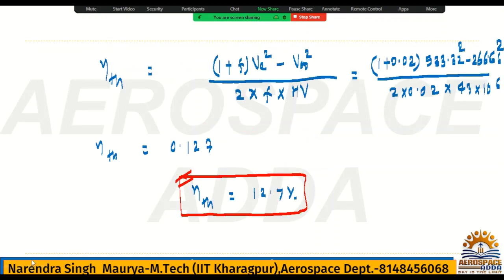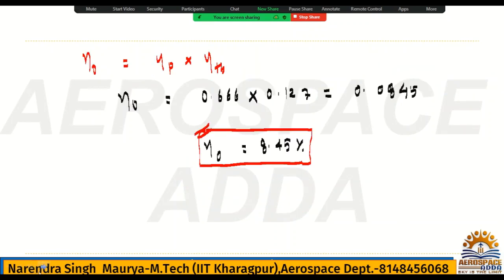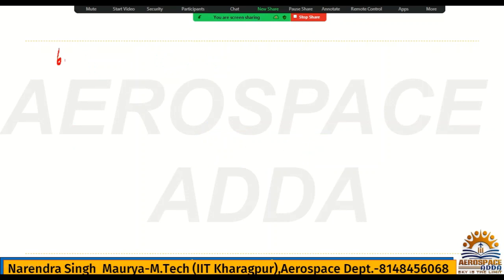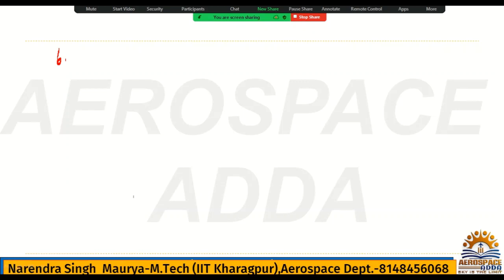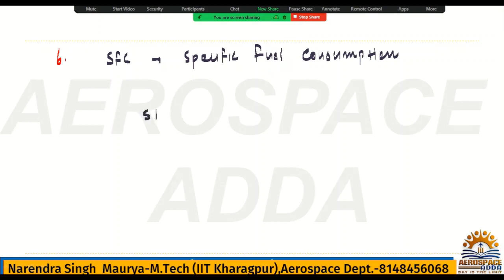So now the last one is the 6th value, which is nothing but SFC, the specific fuel consumption. It is the last value we need to calculate. I had given the formula for the SFC.